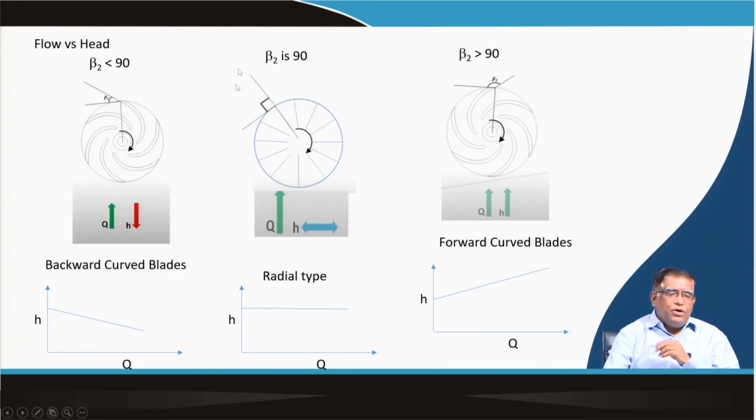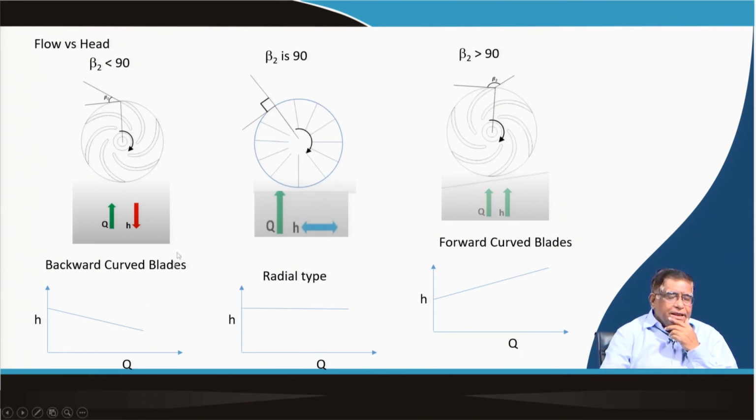Now you have the casings. If the blades are curved backward, beta 2 is less than 90 degrees, and if radial blades are set, beta 2 is 90 degrees. The impeller of a centrifugal pump can be of three types: forward curve, radial, and backward curve.